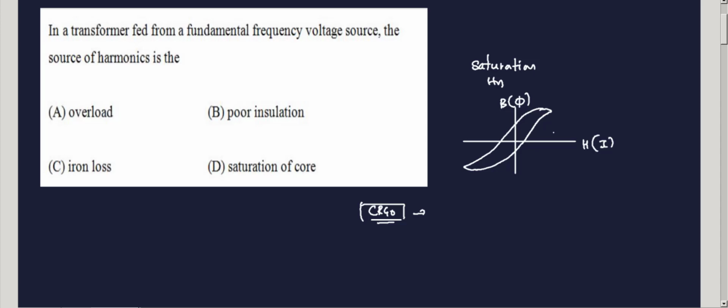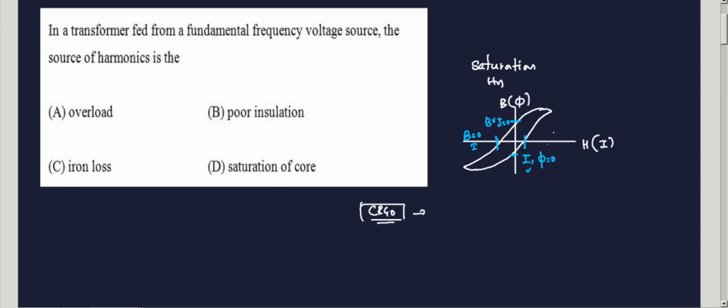You can observe here, the x-axis is current. Here flux is there, current equal to 0. Here flux equal to 0, current is there.